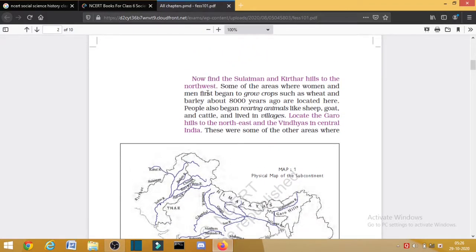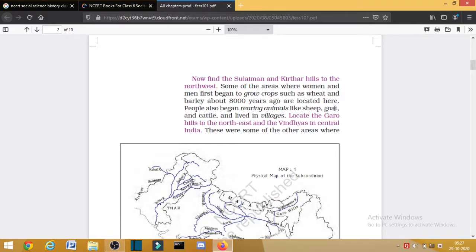Presently, it is in Pakistan. Some of the areas where women and men first began to grow crops such as wheat and barley about 8,000 years ago are located here.